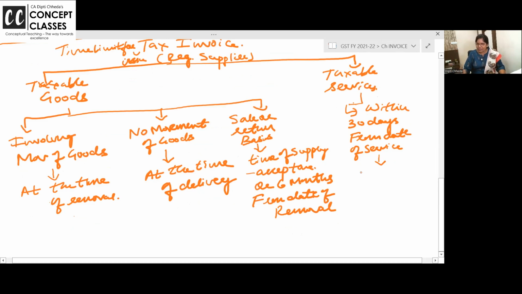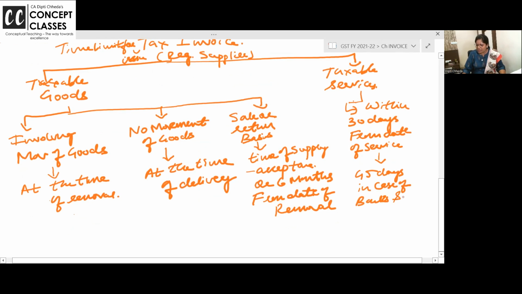If an advance is received, invoice and GST will apply on the advance also. 30 days will become 45 days in case of banks, all banks, NBFCs and all, and insurance companies.